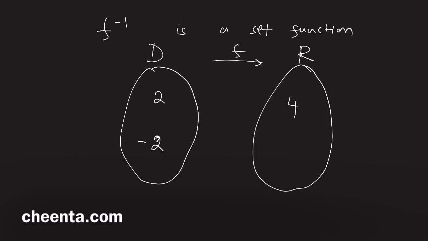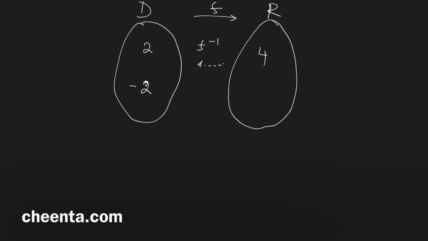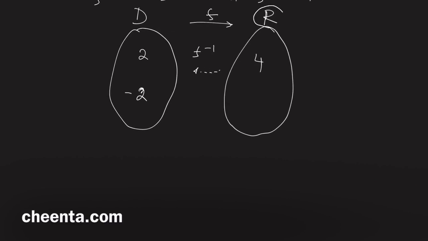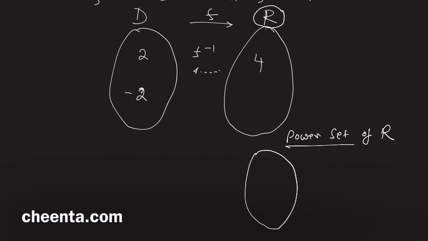Now I'll define a function f inverse not in this direction, but from the power set of the set R. So I make a new set which is a power set of R. What is the power set of R? It is the collection of all subsets of R.